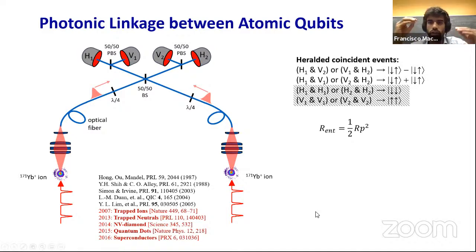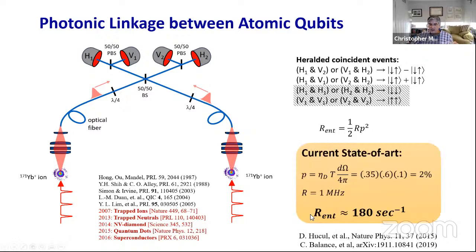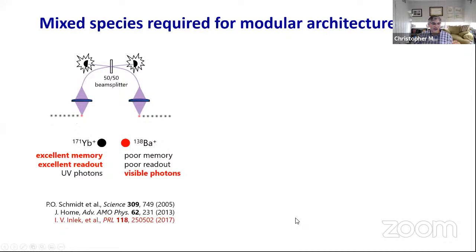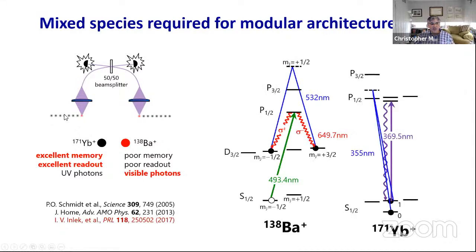So I guess, should I think of this as kind of like at the start of the computation, you're able to build a lot of pairs and then use them during the computation? Yeah, I think you're going to have a factory, because once you use them, they're sacrificial. They're done. Here's how you might do it with two different species, which you need to do, by the way, because you don't want that pulse laser hitting the memory qubits.